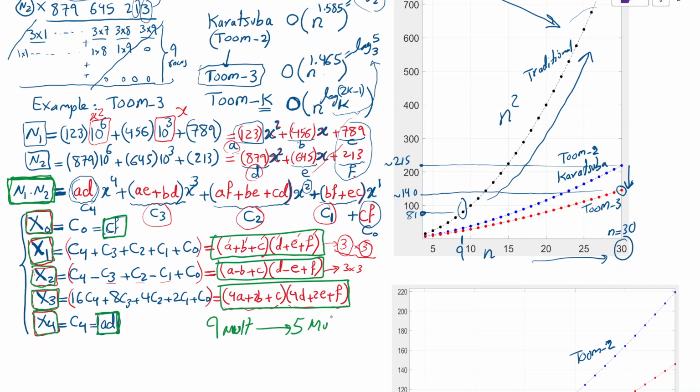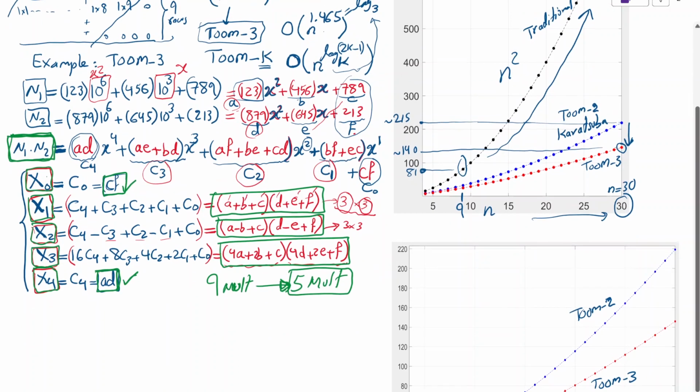But we are not yet done, so what? We still don't have these C0, C1, C2, C3, C4. Well, we do. From x0, which is computed, effectively CF is done. x4, I'm counting among the 5 multiplications that we have to do no matter what, so x4, C4 is done. And x1, x2, x3, believe it or not, are actually done as well. How? There you go.